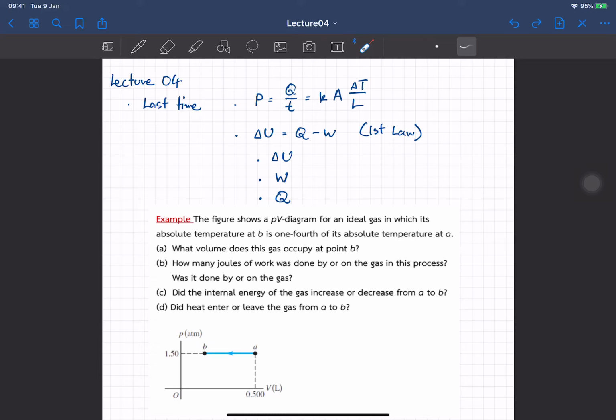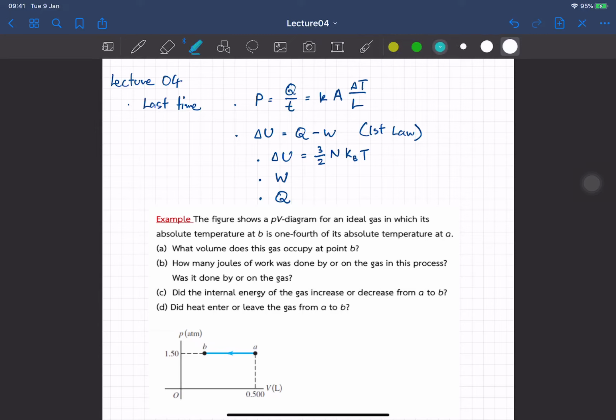Okay, so we have three variables: delta U, which is the change in the internal energy. For ideal gas, which is mainly what we talk about in this lecture, U is given by this simple formula, 3/2 n Kb T, where n is the number of molecules and T is the temperature, right?